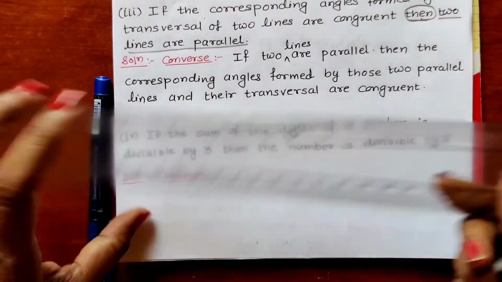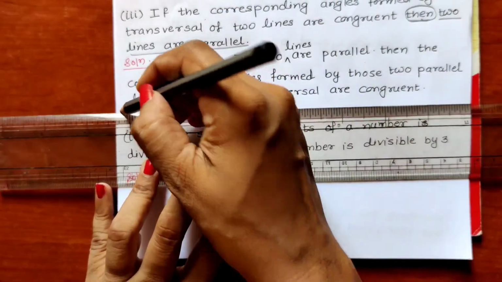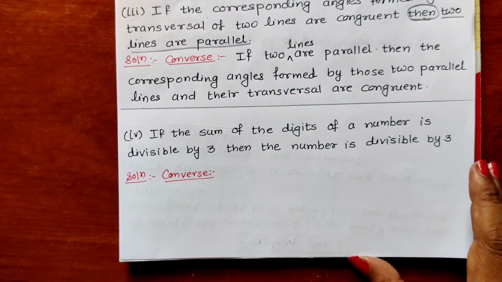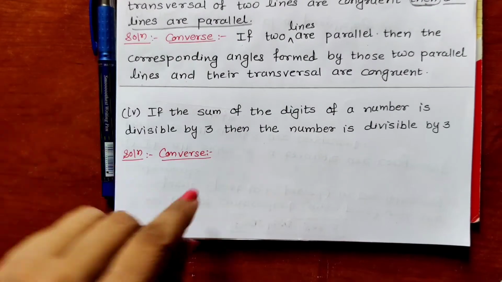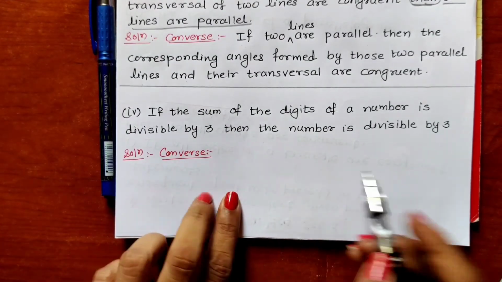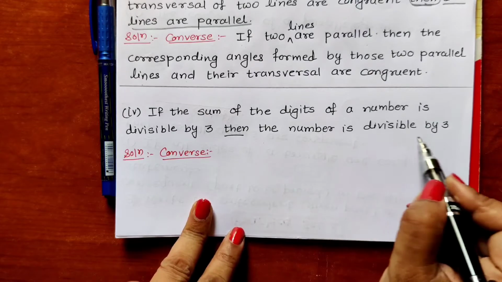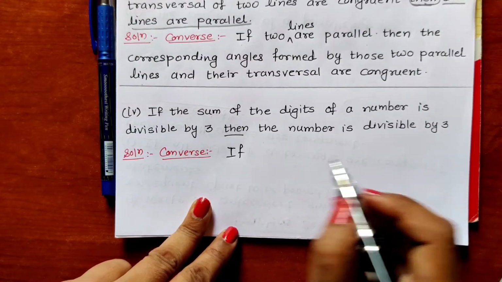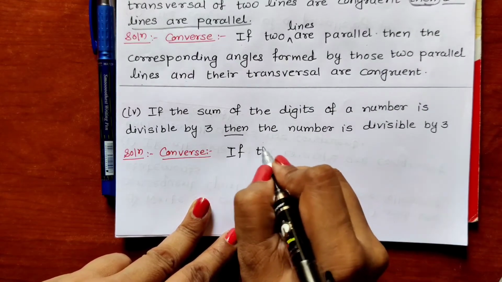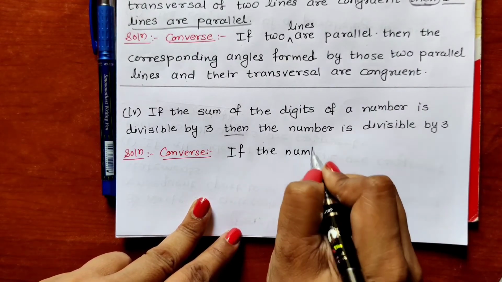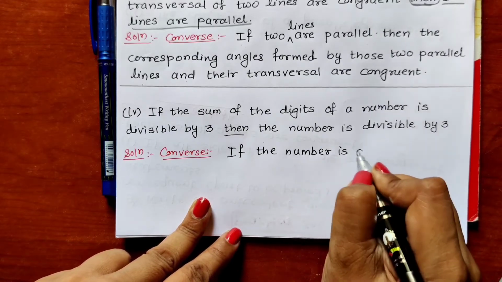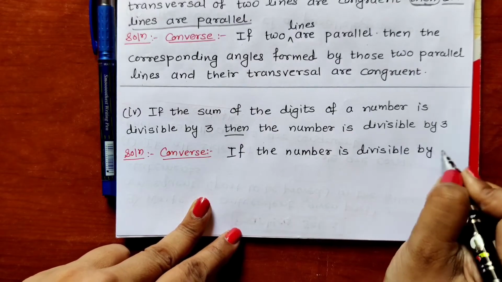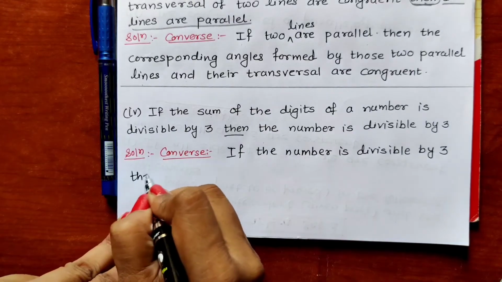Now last sentence. Last sentence is if the sum of the digits of a number is divisible by 3, then the number is divisible by 3. So after then what is there? The number is divisible by 3. So we start from if, and we will be writing this second part of the statement first. If the number is divisible by 3, then what should be written after then?